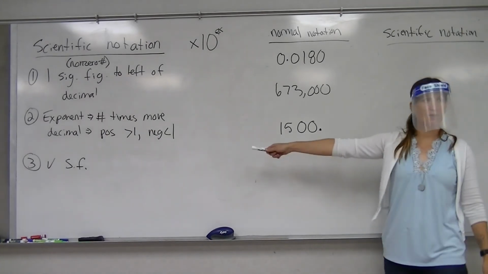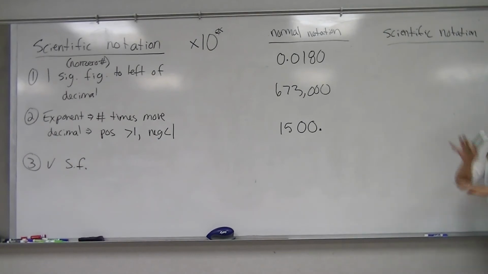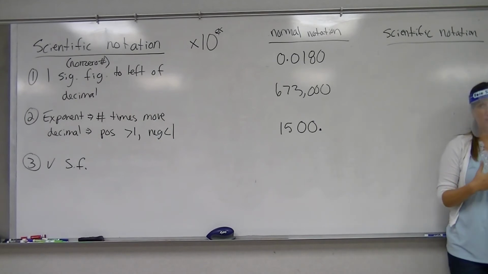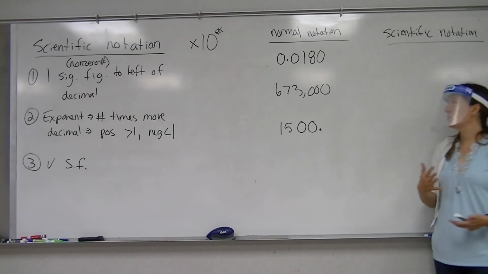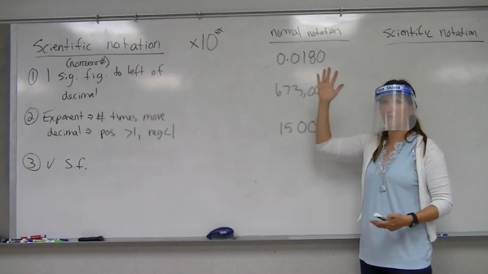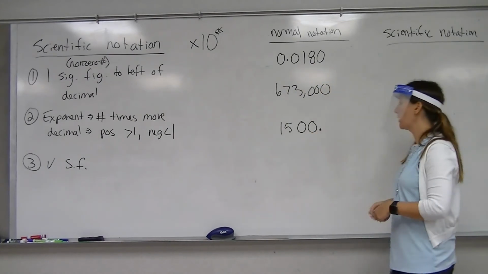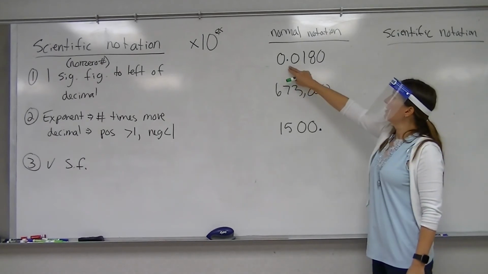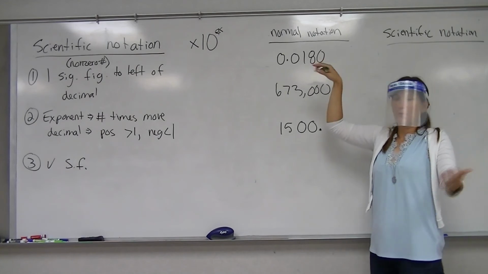Now, since significant figures need to be kept, before I start moving decimal points around and muddying up what the normal notation looks like, I'm going to count my sig figs first. Because once I start moving my decimal points around, it's going to be harder for me to tell what numbers were originally significant. So, just count sig figs like we were doing a moment ago.